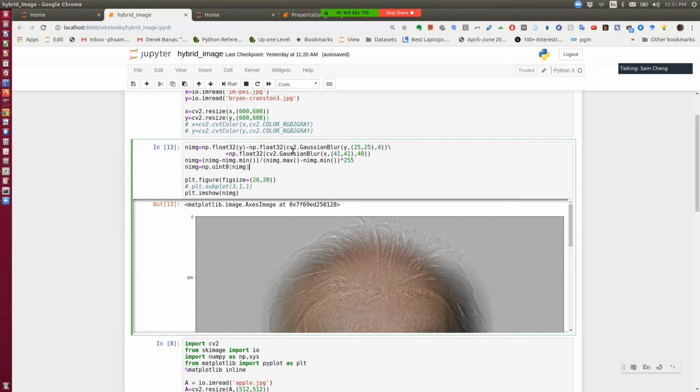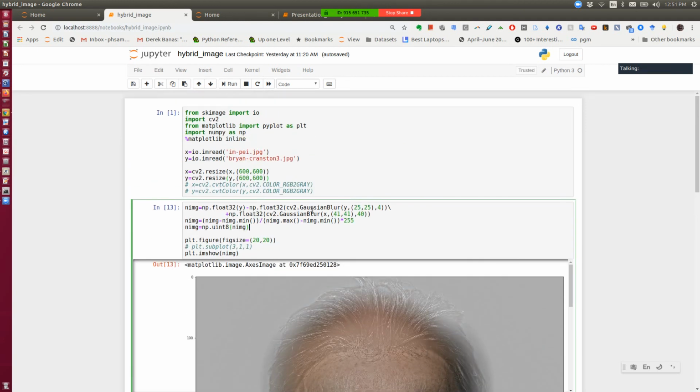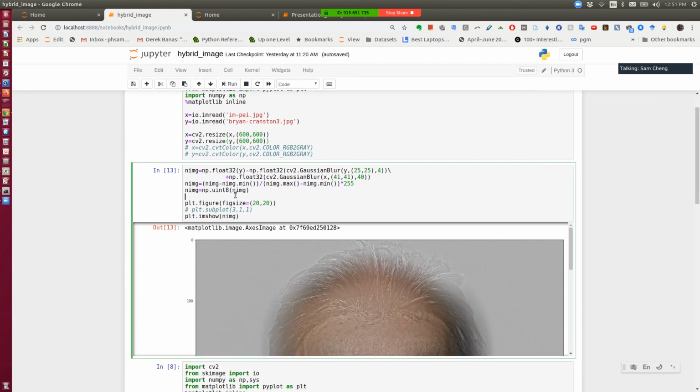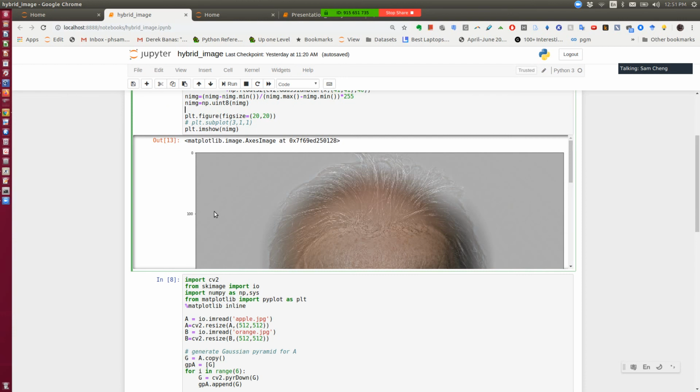I just have a Gaussian filter, right? Because I have one component here, I call it y, your original minus the Gaussian filter, you get the high pass. Then add another image x, which will be the low pass. Then you put them together, and basically that's it.